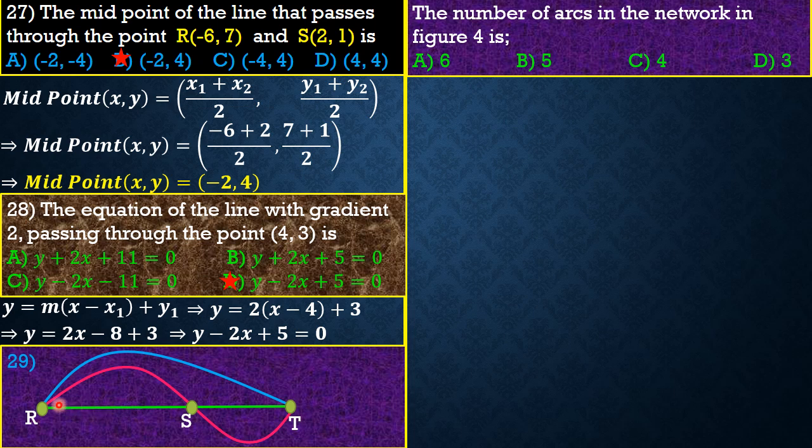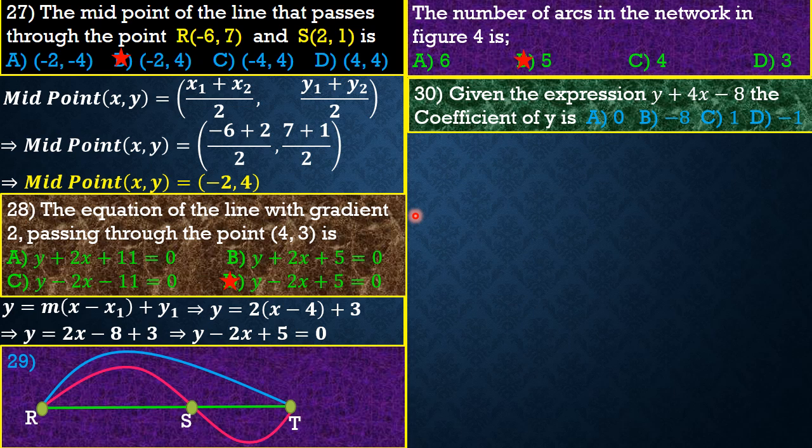So how many of them are there? Keep in mind that a line is separated by a node. So we have the one in blue, 1, 2, 3, 4, and 5. So option B is the best option. If you're being asked for the number of nodes, it is 3. These dots are nodes.